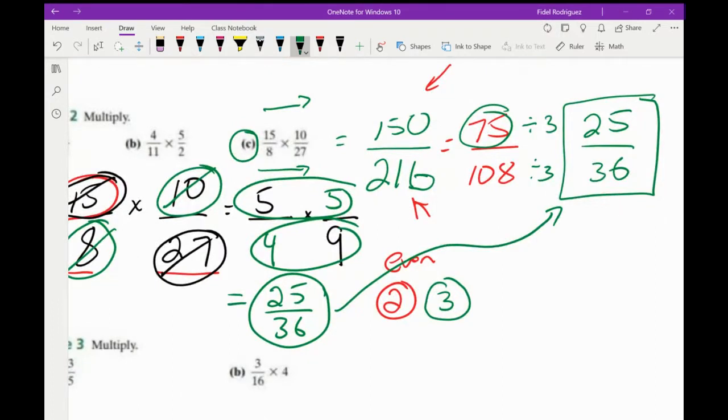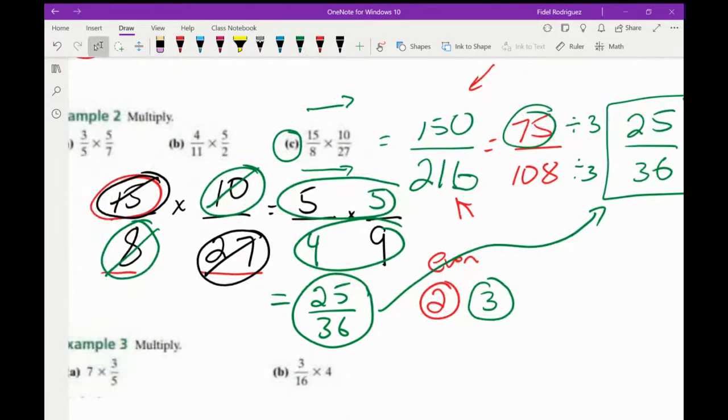Okay. Now, you might ask yourself, what's the advantage of doing it the second way compared to the first way? The second way, what I start noticing is common factors. Like I look at 15 and 27 and I say, hey, you can divide both those numbers by 3. Or I see 8 and 10, and you can divide those numbers both by 2.